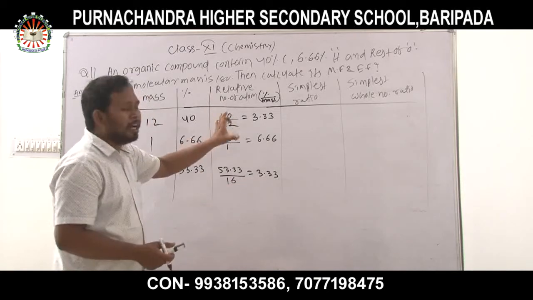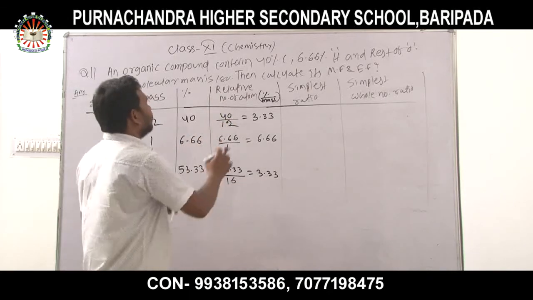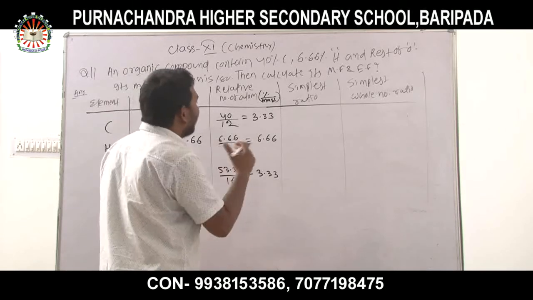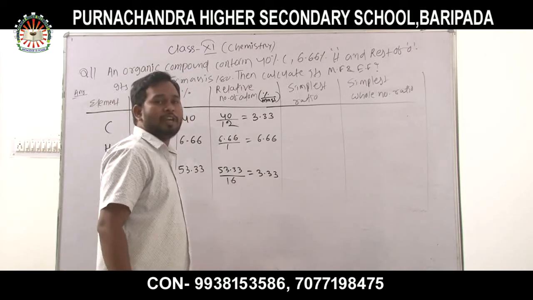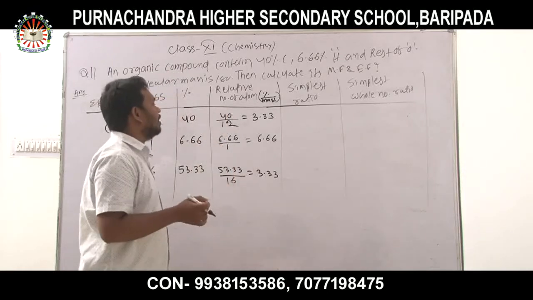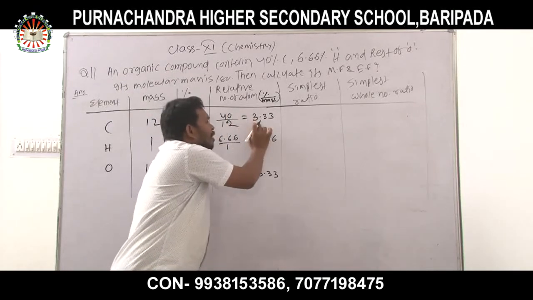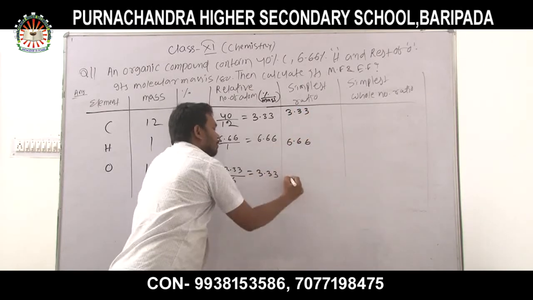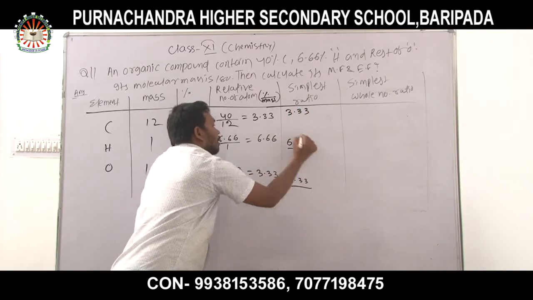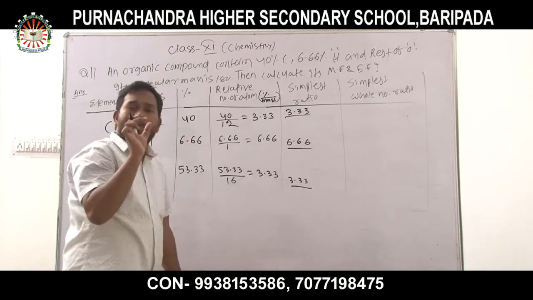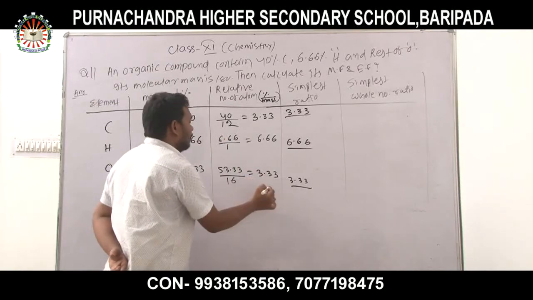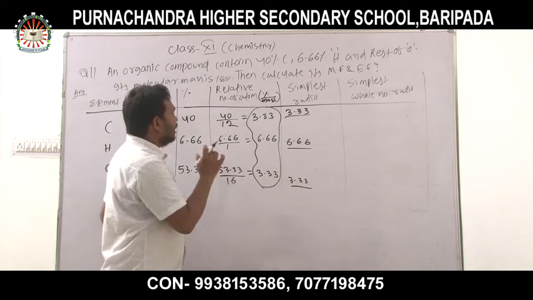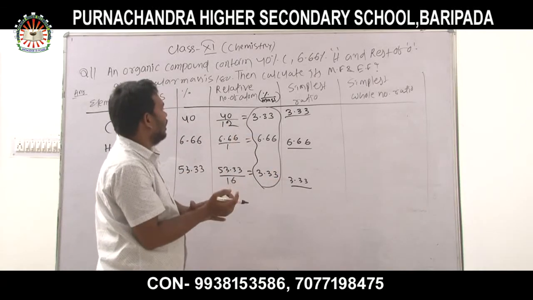Again I repeat, the relative number of atoms is calculated as percentage by mass divided by atomic mass. Then calculate the simplest ratio. How is the simplest ratio calculated?